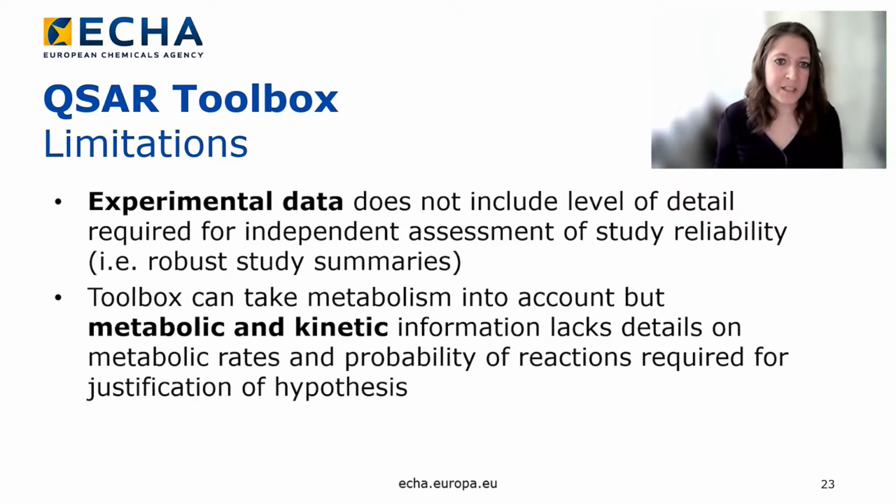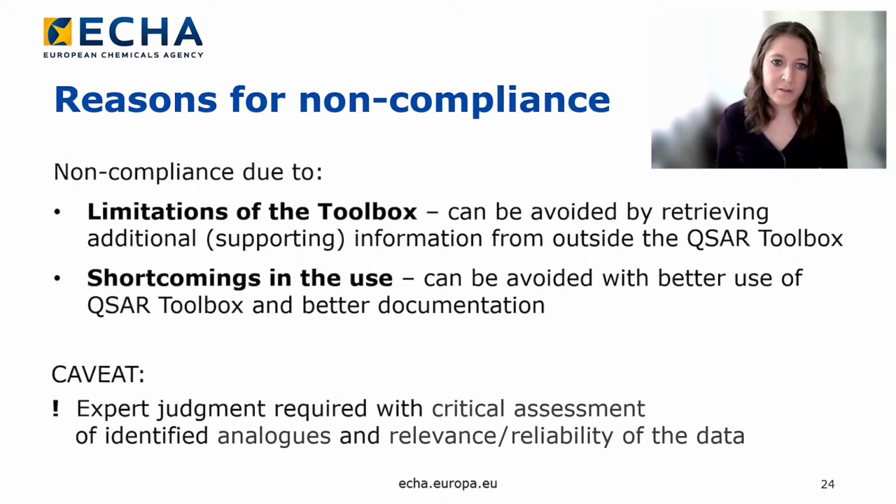However, details on kinetics, metabolic rates, and the probability of reactions are not included. And these are required for justification of the read-across hypothesis. And by missing this supporting information, this can lead to non-compliance of the read-across submissions. But the user can avoid that by adding additional support information from sources outside of the toolbox.